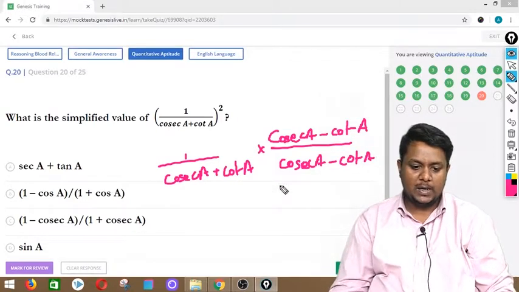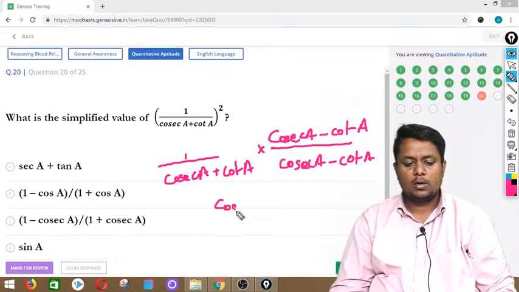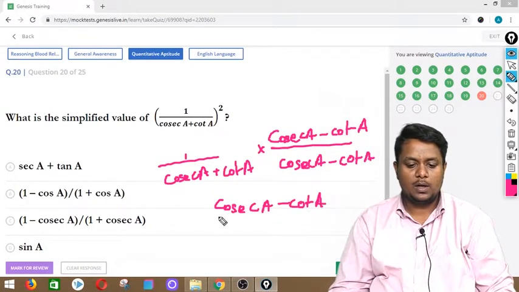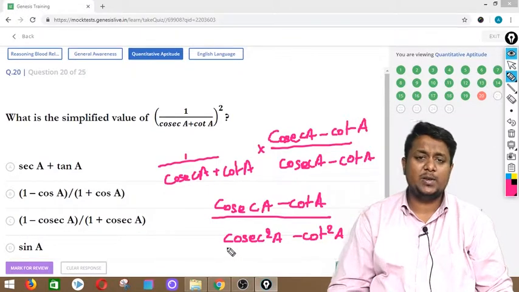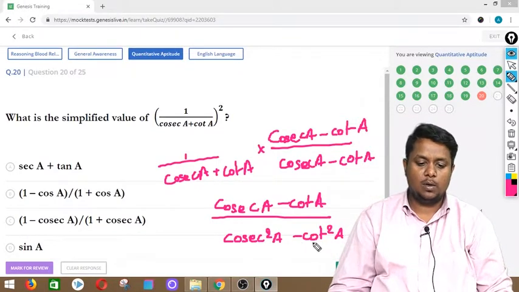So the numerator will become cosecant A minus cot A divided by cosecant square A minus cot square A. We know that cosecant square A minus cot square A is equal to 1.